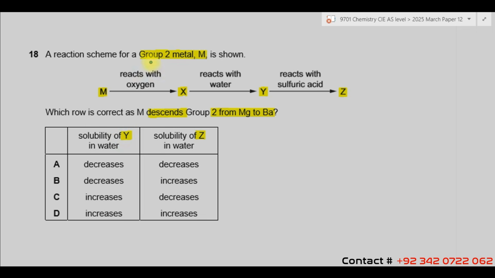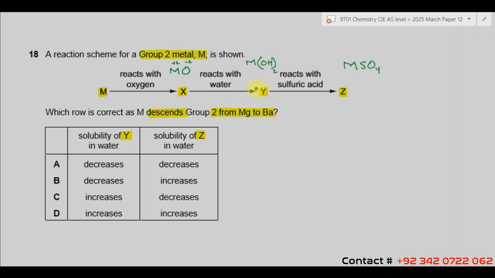Let's find it out. So we have group 2 metal M. When it reacts with oxygen, it forms metal oxide. Metal is +2, oxygen is -2. When metal oxide reacts with water, it forms metal hydroxide. And when metal hydroxide reacts with sulfuric acid, it forms metal sulfate.